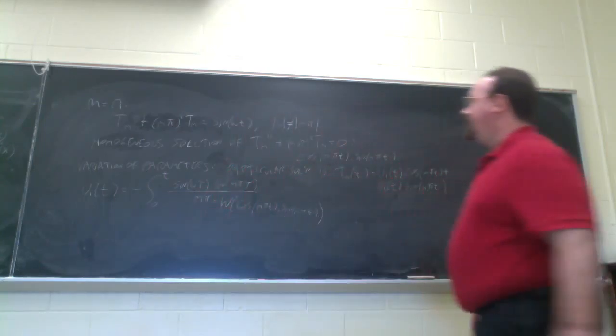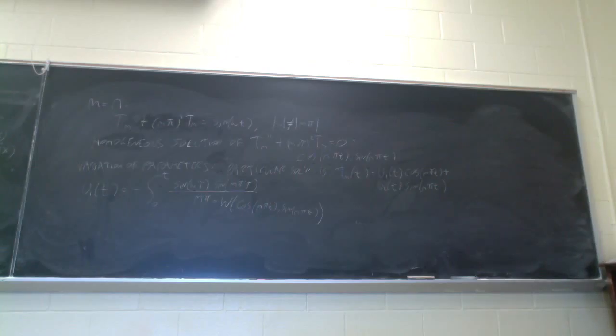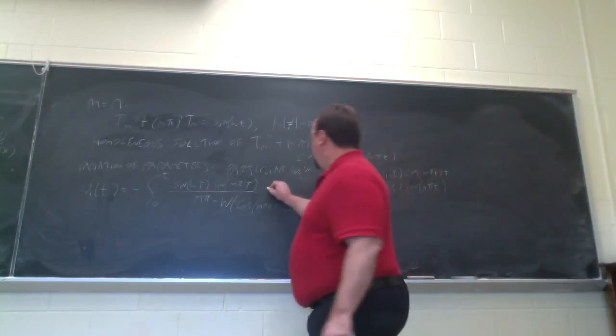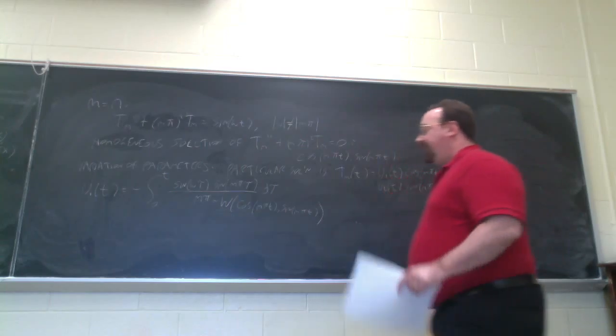So the Wronskian goes in the denominator, d tau. At least in this case it was nice and it was a constant.